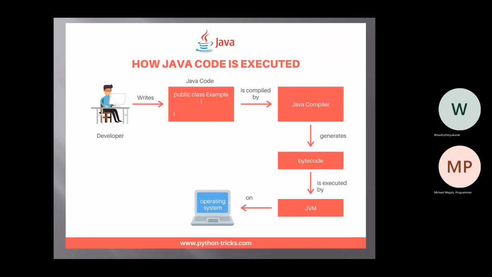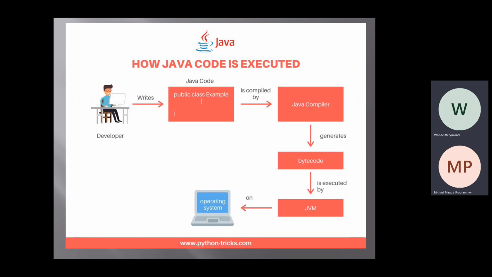The term source code means the code written by a human or programmer. Then the Java compiler takes this source code and checks if it has any errors or not.